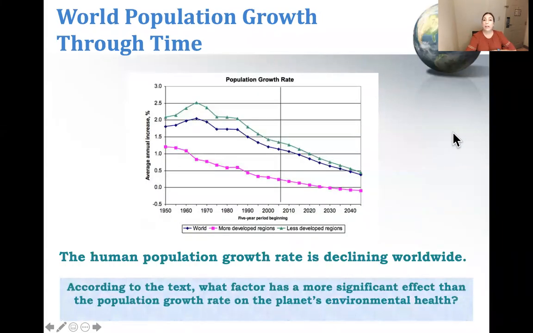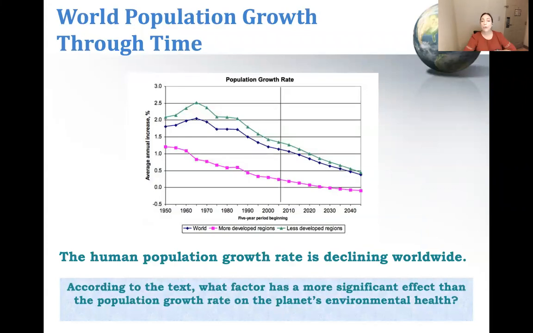Now, what I want to talk about here is the human population growth rate is actually decreasing. Okay, so let's look here. Same colors as before. Well, the developed regions, like the US, our population growth rate is decreasing, as is the growth rate globally and in developing countries.